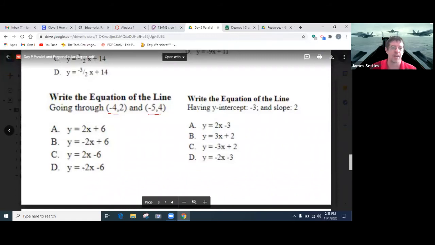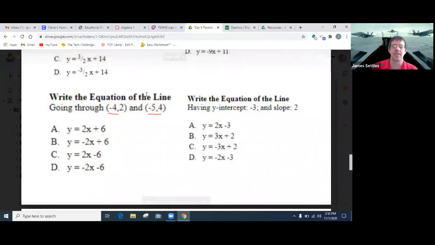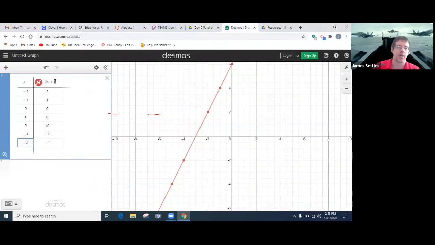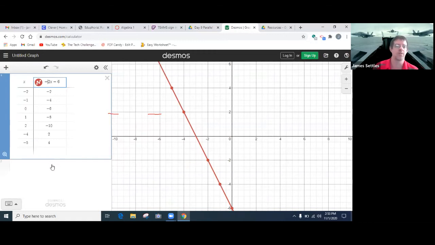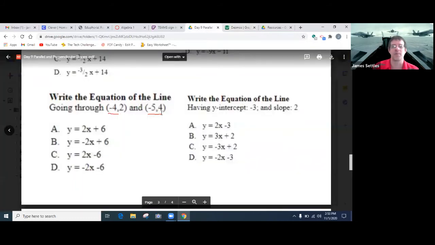So I'm going to jump down and type in D by changing both of these to minus. So we go here up at the top, and we're going to change that to a -6, and then put a -2. And notice right here, -4 is +2, -5 is +4, and that was what we wanted.